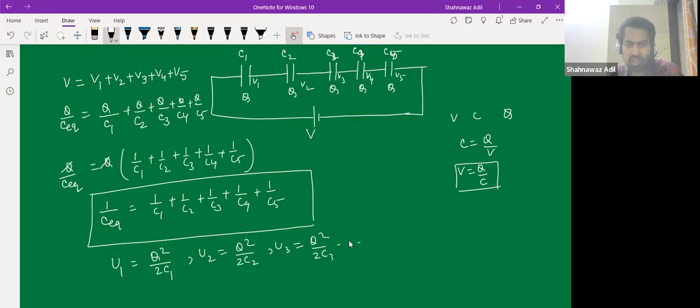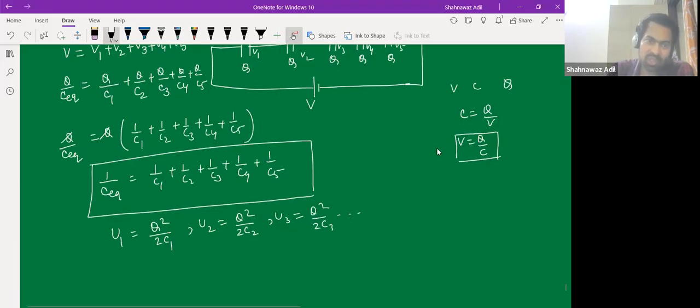So this would be the energy stored in these devices. And when we calculate the potentials, potential V1 would be Q by C1, that we have already done. So this is about series combination.